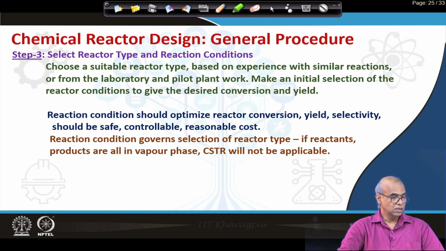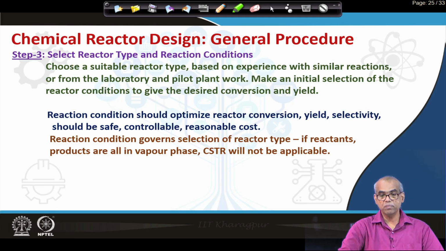Once you have determined the rate limiting step, you select reactor type and reaction conditions. Choose a suitable reactor type based on experience with similar reactions or from the laboratory and pilot plant work. Make an initial selection of the reactor conditions to give the desired conversion and yield.